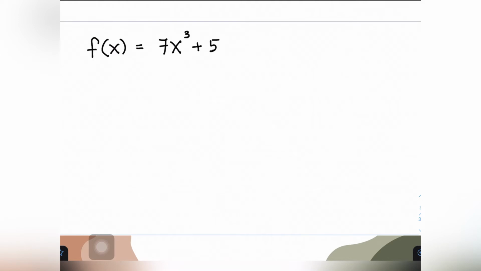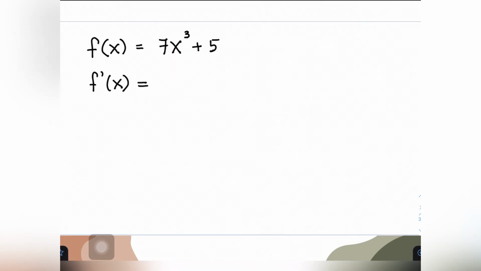Okay, what if we have a function of x where fx equal to 7x to the power of 3 plus 5. Now we want to do a process of differentiation that we learned before, to find the derivative of the function fx, where the notation of the derivative of the function fx is f prime x.